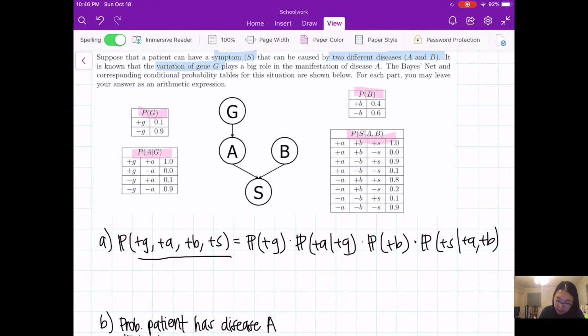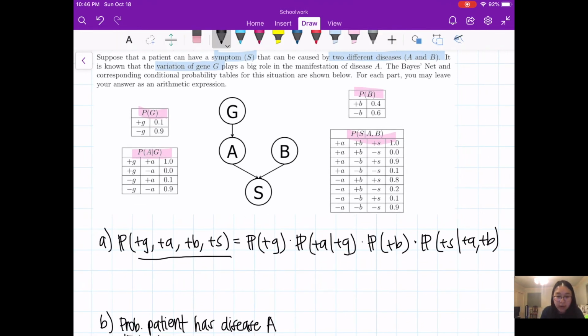I believe it is 0.1, times 1.0, times 0.4, and all of the rest are plus, so we just times 1. So we will end up getting 0.04 as the answer to the subpart.